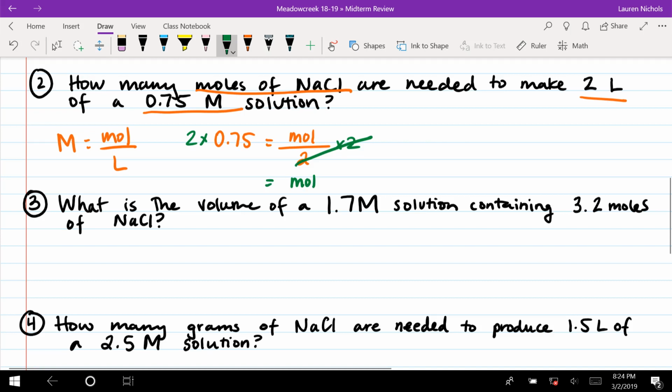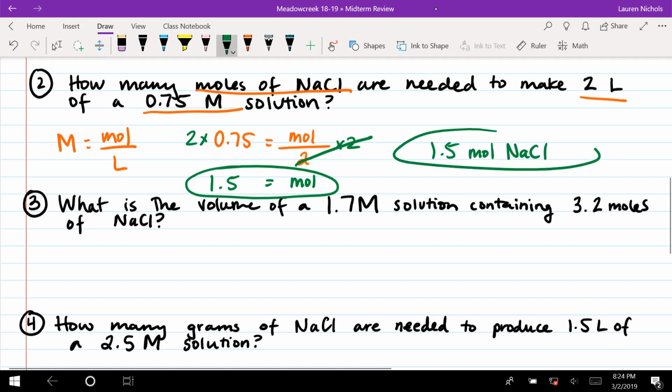Moles is equal to 2 times 0.75, which is 1.5. So a correct answer would be 1.5 moles of NaCl.